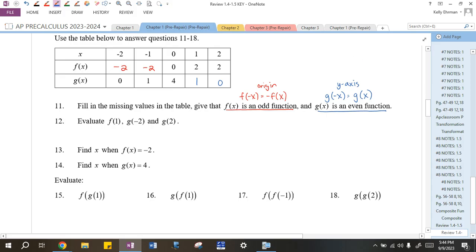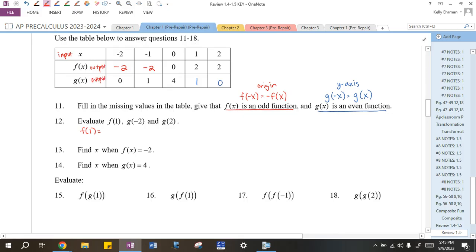So if we were to plot those points, we should see them at the same height on either side of the y-axis. Now that we have our table filled in, let's evaluate f of 1, and then g of negative 2 and g of 2. This is just making sure you know the basics of a table. So again, we did this in our packet a lot, but it's easy to get things mixed up. So this says when these x values are all inputs, and the values that were given for f and g are outputs of the functions.